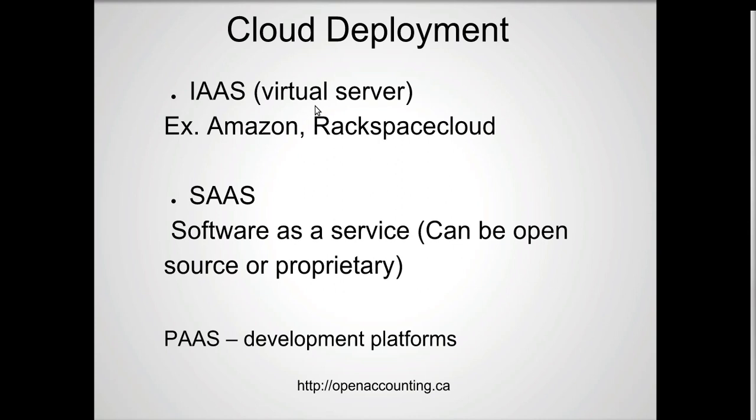Software as a service is a bit of a different model. That type of way of delivering business applications can be either open source or proprietary. So some of the open source vendors that we talked about offer their system as a hosted service or a pay-for-fee type of service. But there's also proprietary vendors who do that as well.